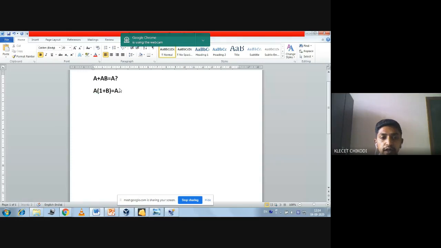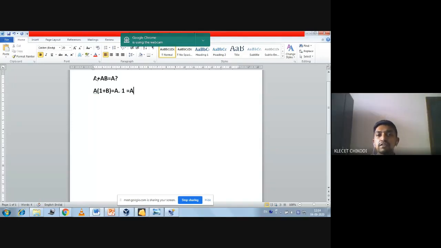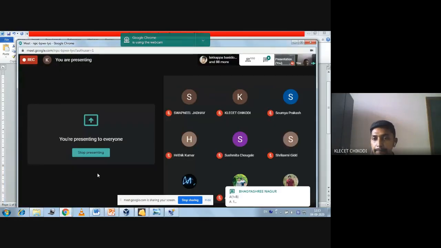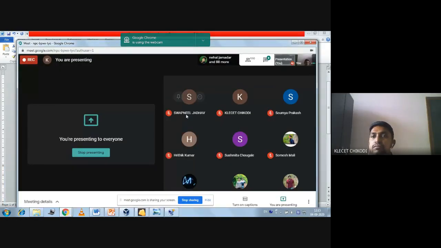Now it will be A into 1, and again A into 1 is A. So this is how we have to solve this. Is that clear? Just comment. Okay, Bhagyashree Nagura has also solved that. Very good.